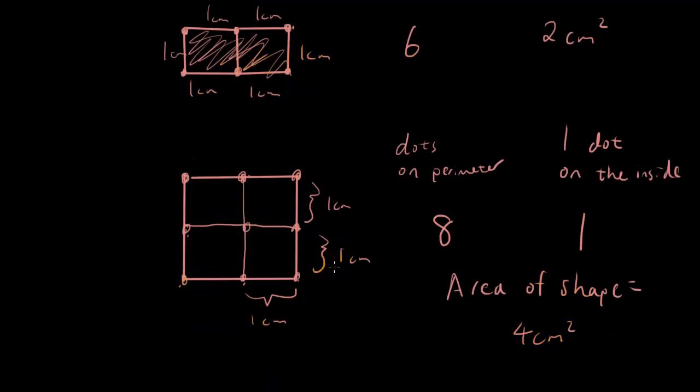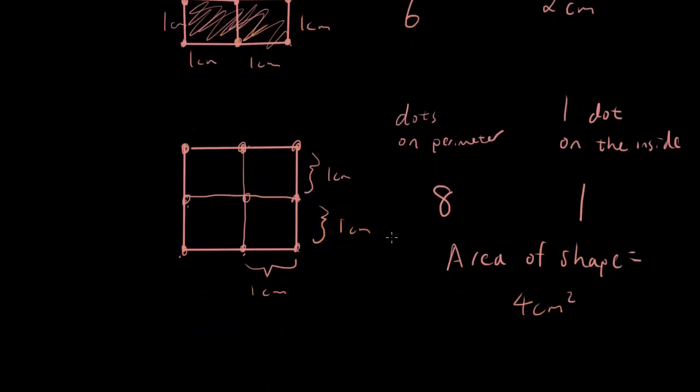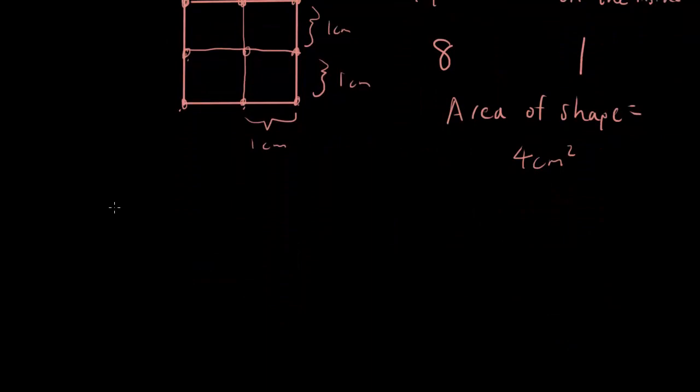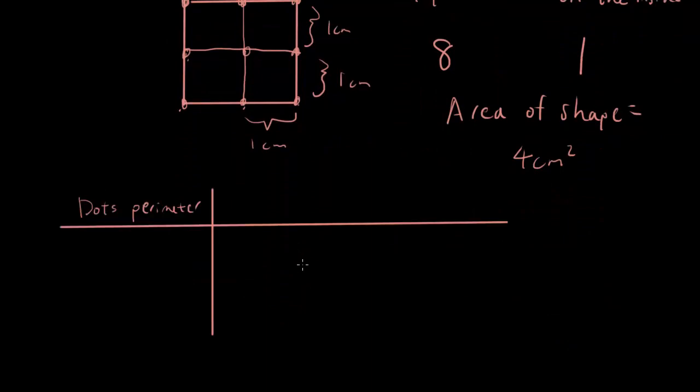Now, if I summarize this information in a table, I would have dots on the perimeter, dots on the inside of the shape, and then the area.